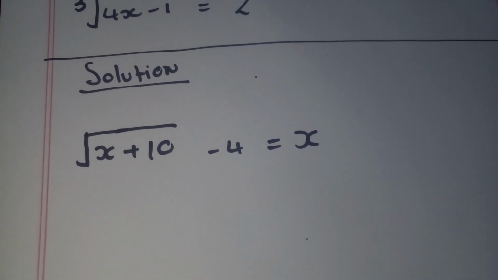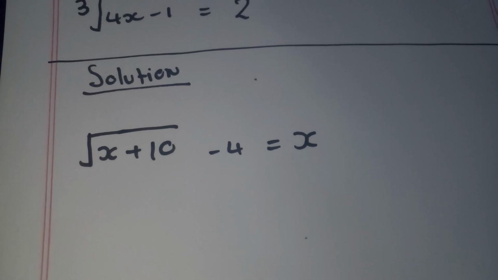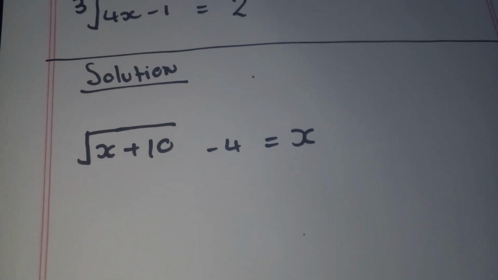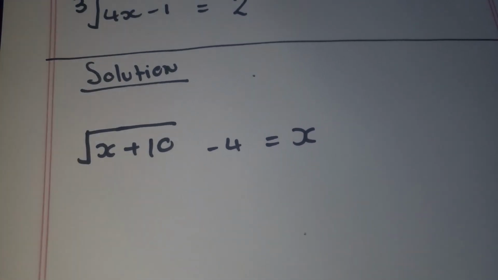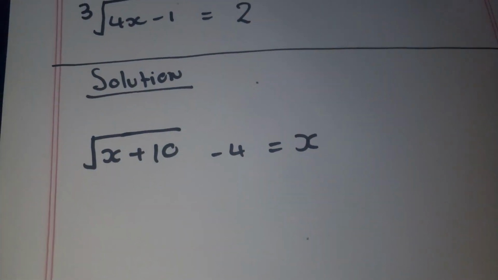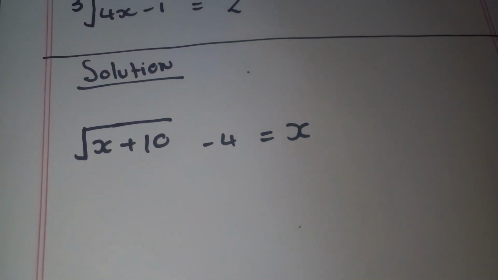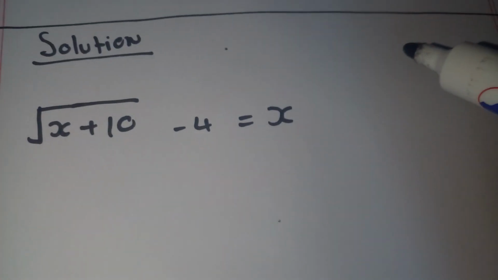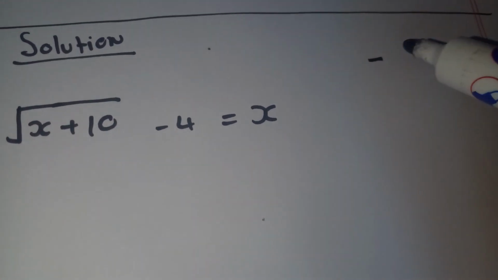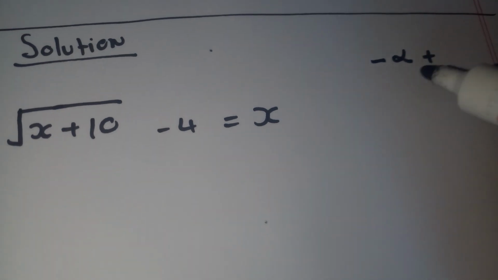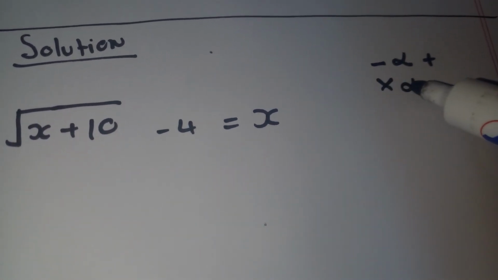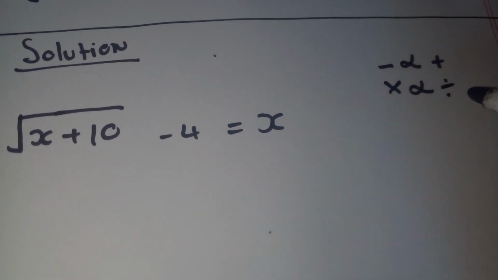There are things that you must take into consideration: the inverse operations, or the opposite of a square root. You just need to know all of these things. We know that the inverse operation of subtraction is addition, and the inverse operation of multiplication is divide.